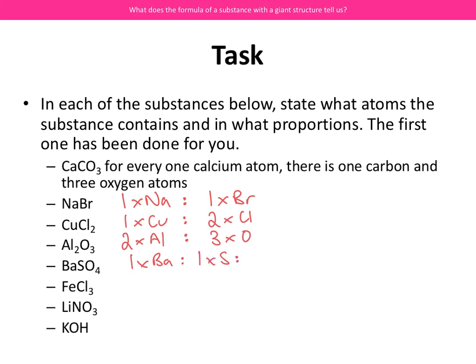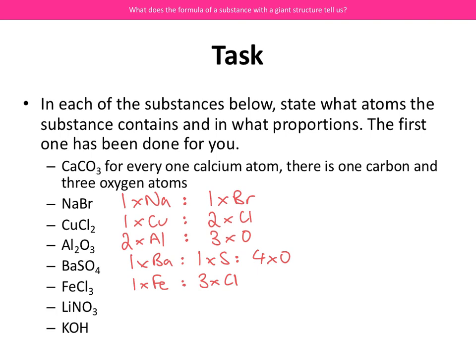And then there's a subscript 4 after oxygen, so 4 oxygens. Iron chloride is next, FeCl3. No number after the iron, so 1 Fe, and then there's a little 3 after the chlorine, so 3 Cl. So for every 1 iron atom, there are 3 chlorine atoms.